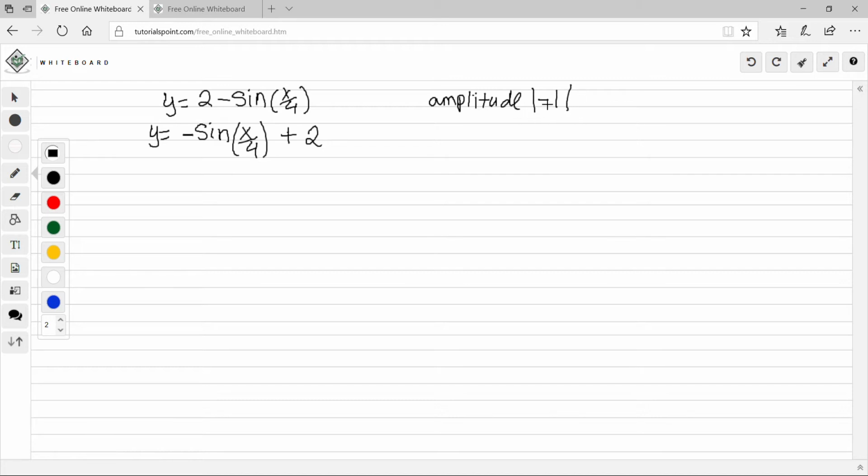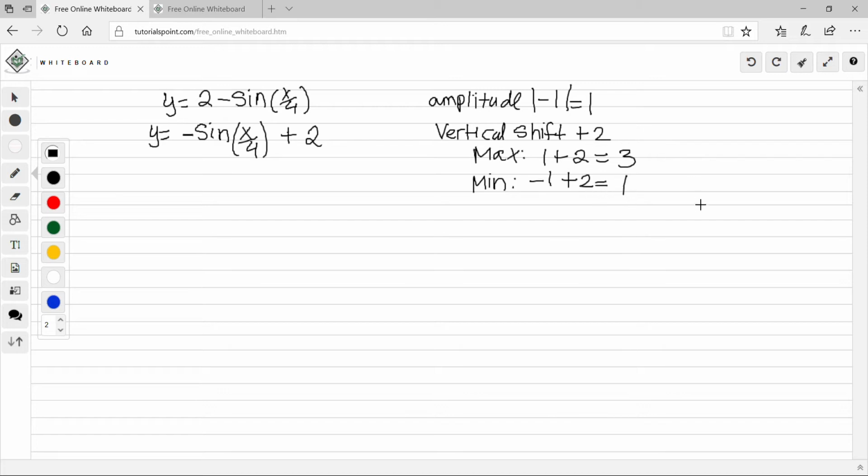Because there's a -1 right here, equals 1. But we have a vertical shift of +2. So our max is 1 plus 2, 3, and our min is -1 plus 2, which is 1.